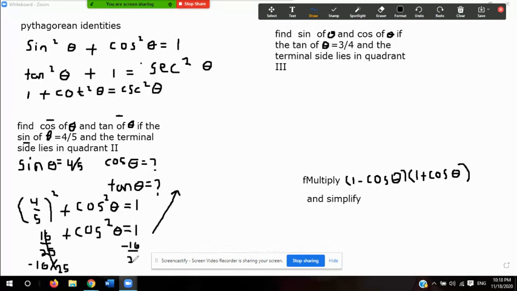So my equation is now going to be rearranged where I have the cosine squared of theta equals 16/25 minus 1, right?